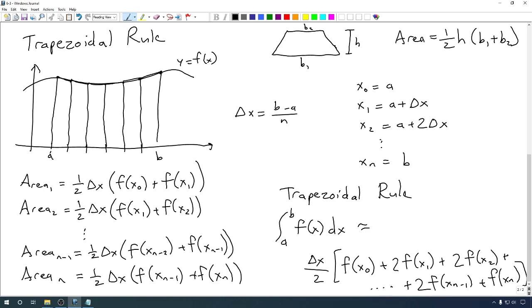So notice the pattern here is that we have a 2 on every single function value except for the 2 endpoints. We want to remember that pattern.